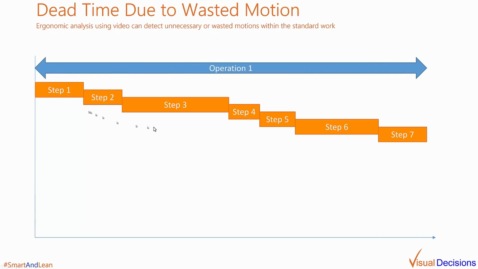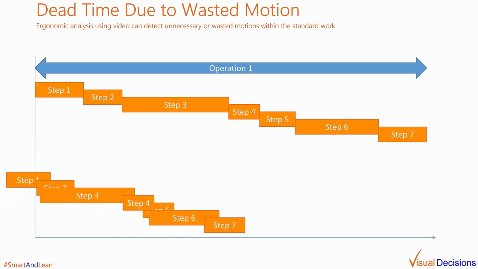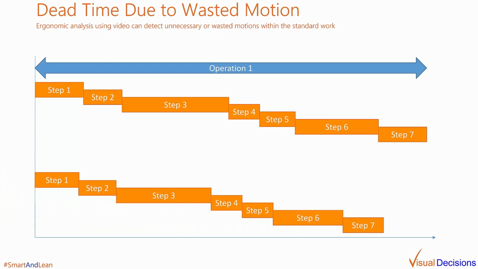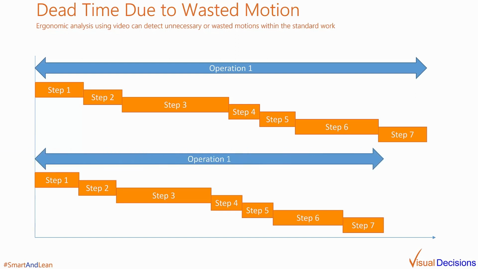But if we look at each of these steps from an ergonomic perspective using the video, we can find where people are performing redundant tasks, reaching where they don't have to, how the ergonomics of the workstation could potentially be rearranged, and come up with a much more optimized flow for those different operation steps within a given station. And what that will do is reduce the overall amount of time that that station or operation takes, and generate some savings.